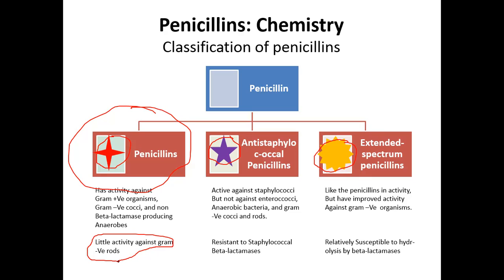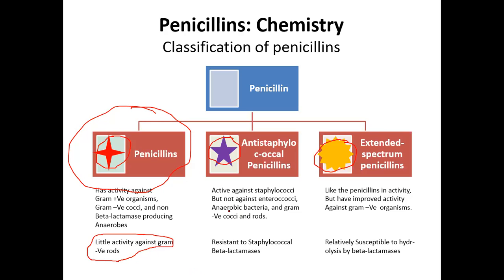That kind of information, you're going to have good memory to remember the organisms and which conditions they cause and which drugs are supposed to work on them. That is why the antibiotics are easily misused, because to try and connect these things and remember them is not always easy. But for now, with your fresh brains, I'm sure it will be a lot easier for you. Okay, so penicillins have little activity against gram-negative rods.